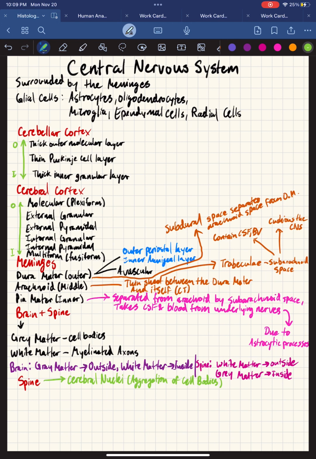And this cerebral nuclei is deep in the brain, and it ends up showing as darker than the surrounding white matter.